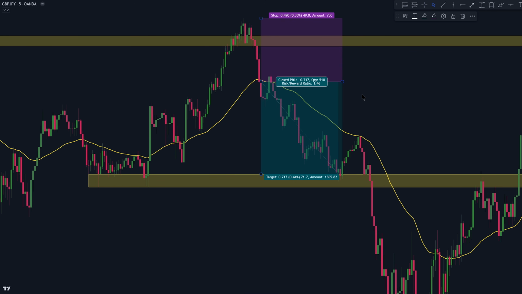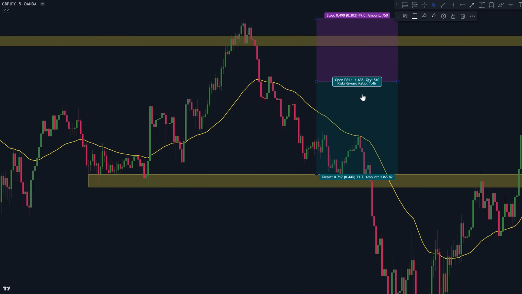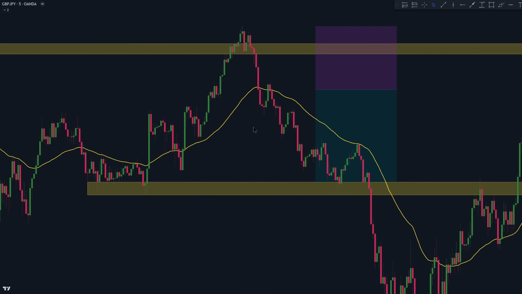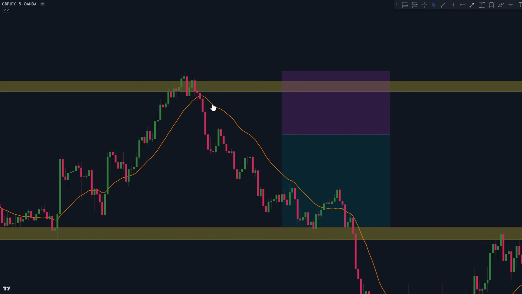Now, let's see what would have happened if we took the same setup using the same strategy, but only this time, we're going to be using the new version of the EMA indicator, this one right here. This is where the price broke and closed below the new EMA.